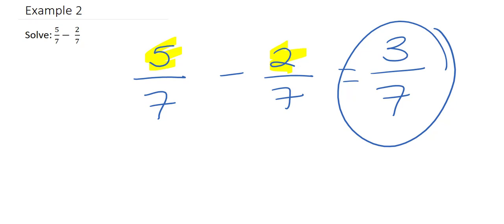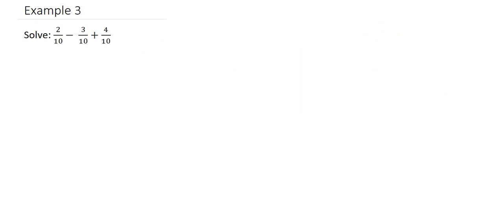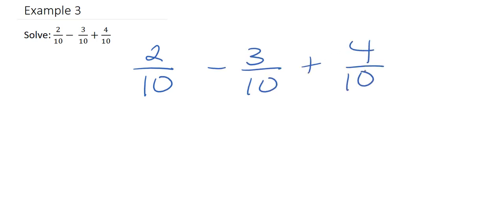Now let's go ahead and look at the next example. So example 3, we are going to solve for the following. We have 2 over 10 minus 3/10 plus 4 over 10. Notice we have a common denominator of 10, so we can go ahead and do all these operations here.